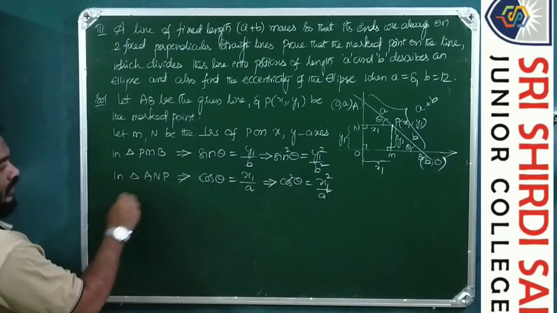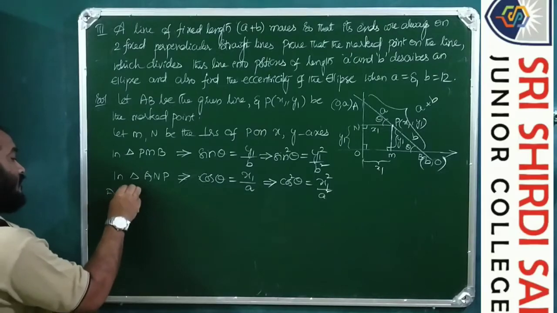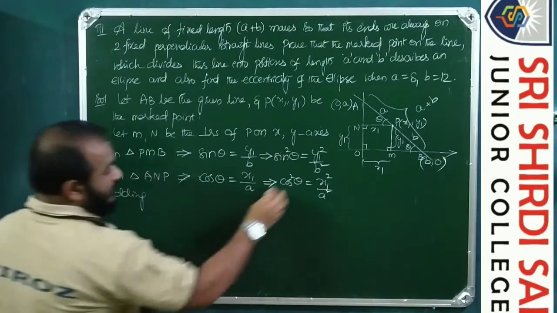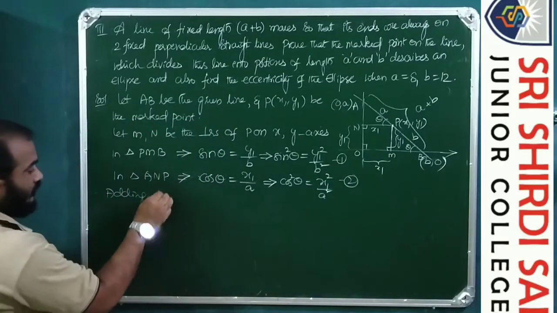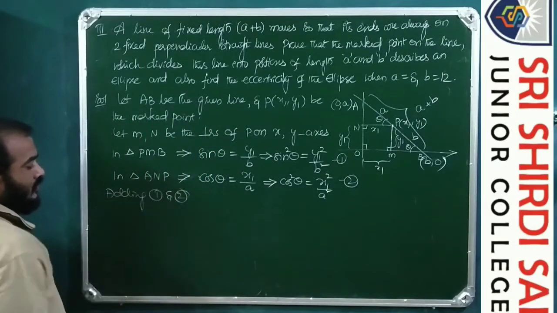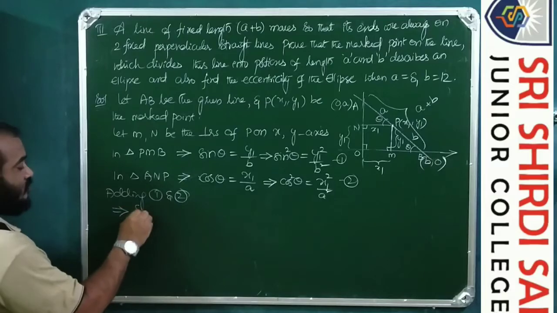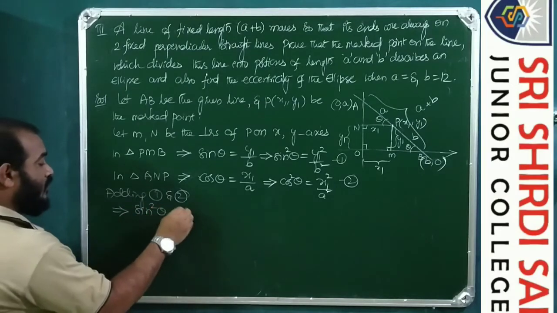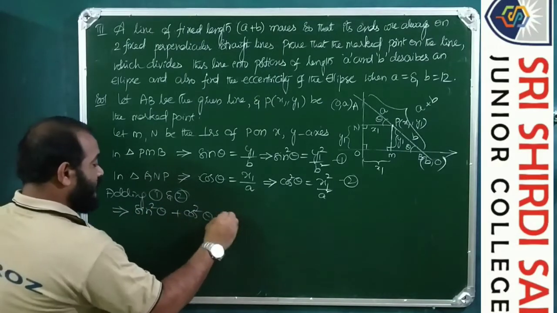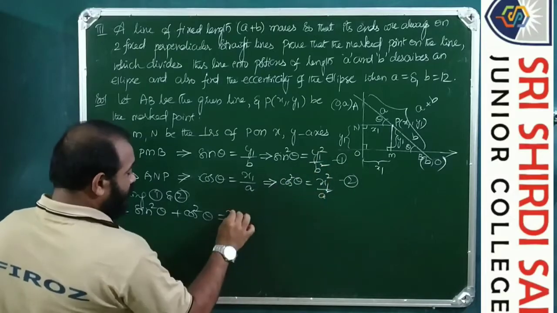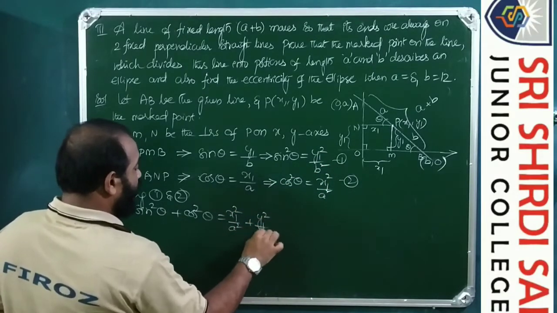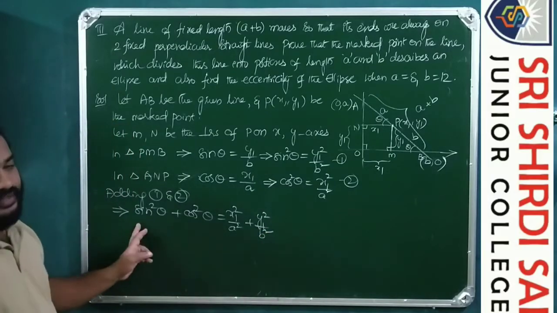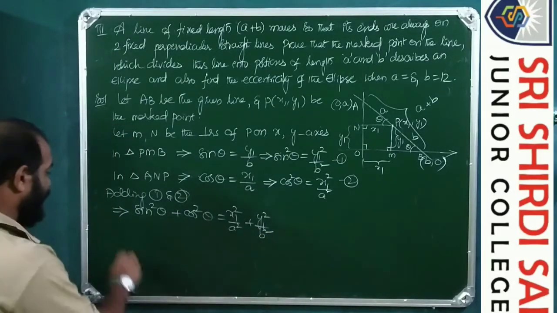So adding 1 and 2, that means sin square theta plus cos square theta is equals to x1 square by a square plus y1 square by b square. So sin square theta plus cos square theta is 1.